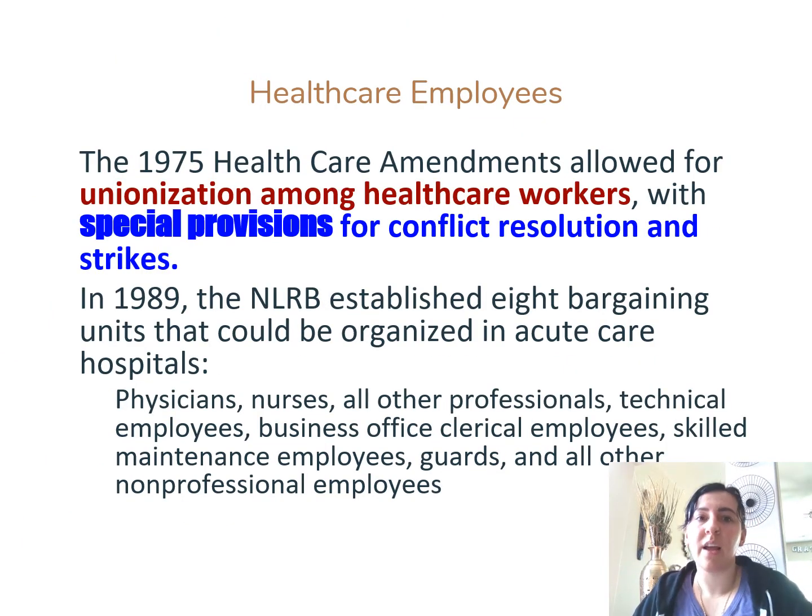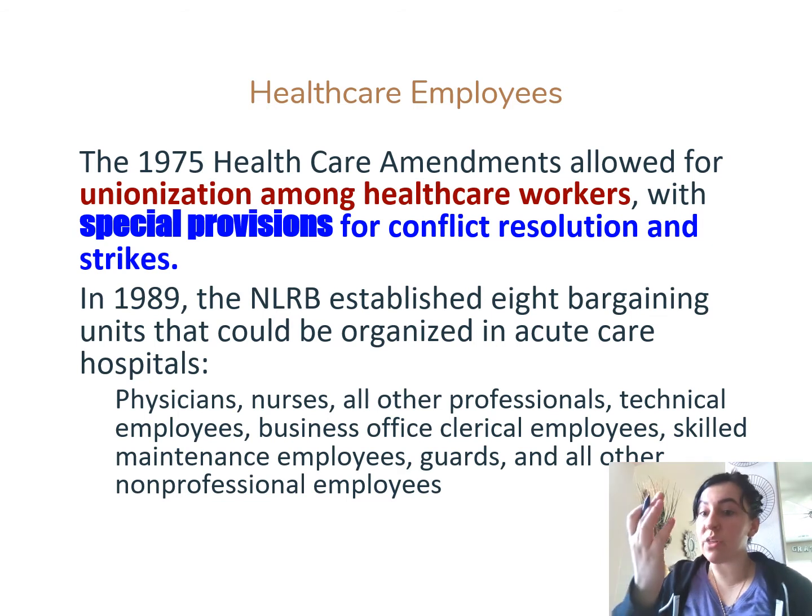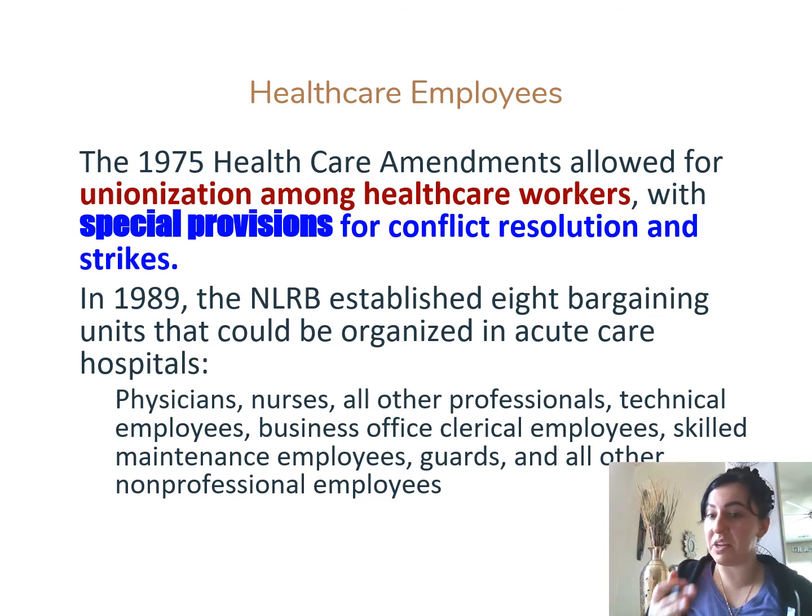Anyway, let's move forward. All right, so healthcare employees. What does this all have to do with healthcare employees? Well, first of all, you never see very many healthcare employees actually being part of a union. It's just not as common as in other industries. However, there are many that join unions.